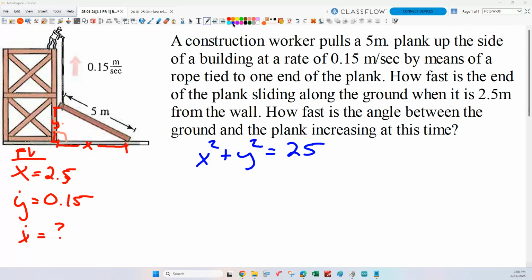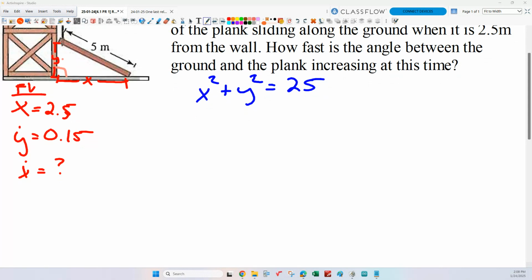Yeah. Okay, so we can implicitly differentiate. What's that give us? 2x x dot plus 2y y dot equals 0, right?